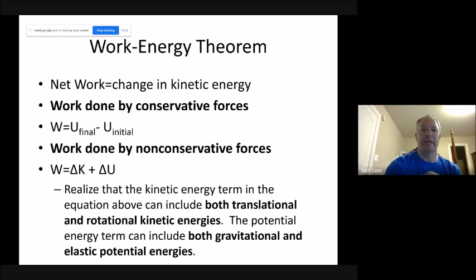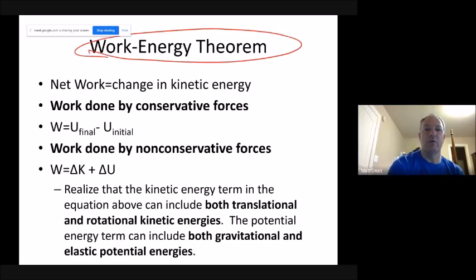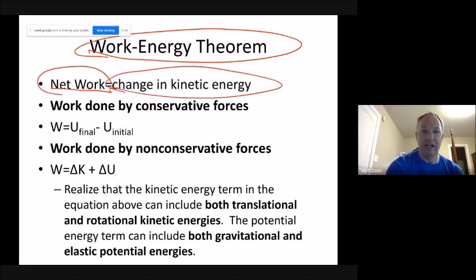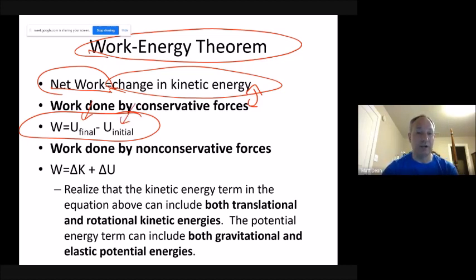We already talked a bit about the work-energy theorem a minute ago. It's the idea that the net work done on an object is equal to the change in the kinetic energy of that object. We can think of it this way for conservative forces: the final potential energy minus the initial potential energy is equal to the work.